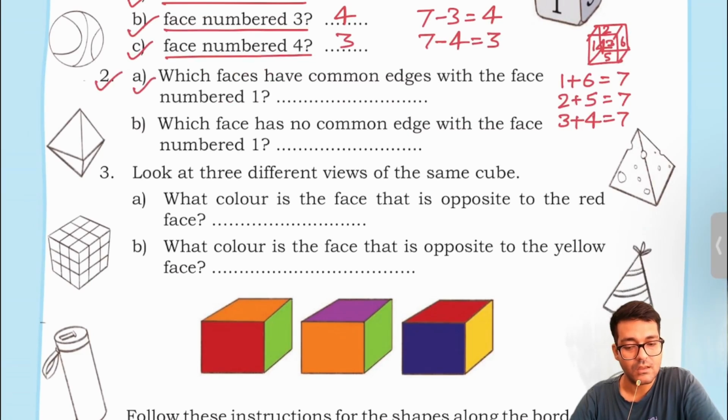2. A. Which faces have common edges with the face number 1? You already know that the face number 6 is opposite to the face number 1. So, except face number 6, all the other faces share edges with the face number 1. The answer will be face number 2, 3, 4 and 5.